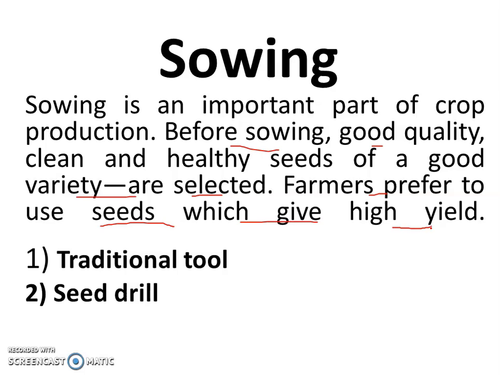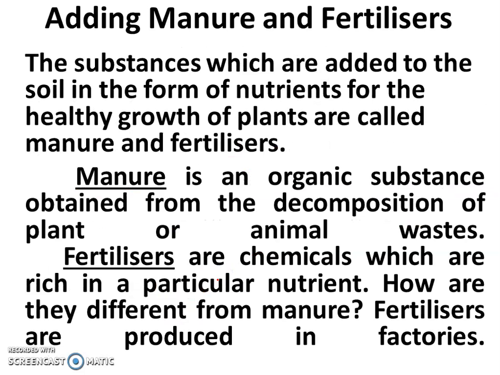High yield means high output. If the seed is healthy, the crop will be healthy and we can get good output. Now there are two types of tools for sowing. First one is traditional tools and second one is the seed drill, right?